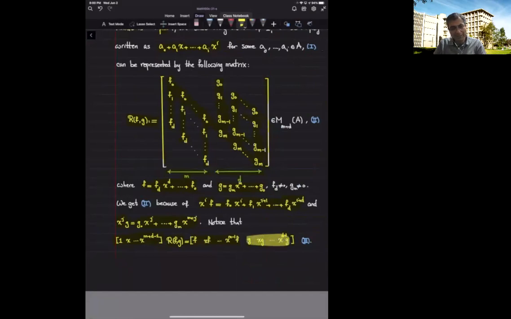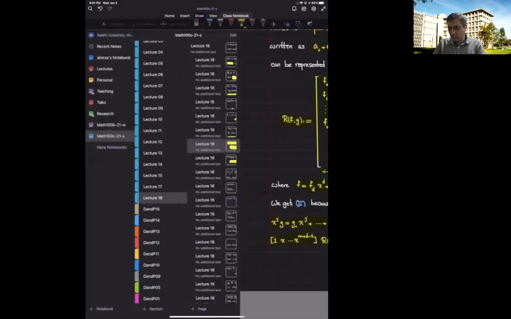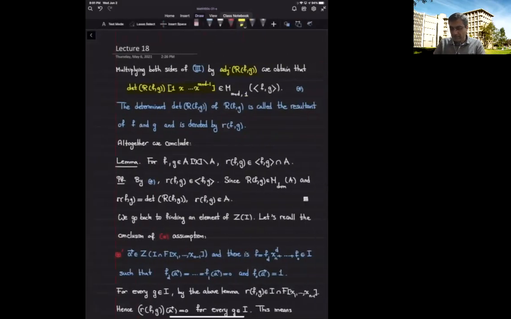When I multiply by the adjoint of this matrix, all the entries would belong to the ideal generated by f and g. That means that when I multiply by the adjoint, I definitely get a row matrix consisting of entries in the ideal generated by f and g.